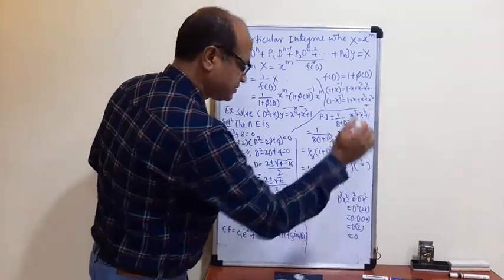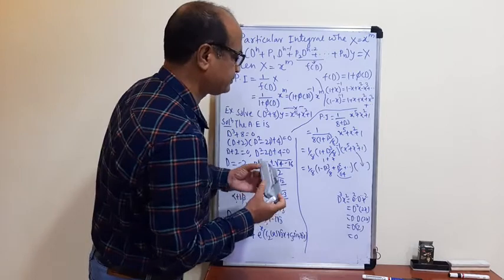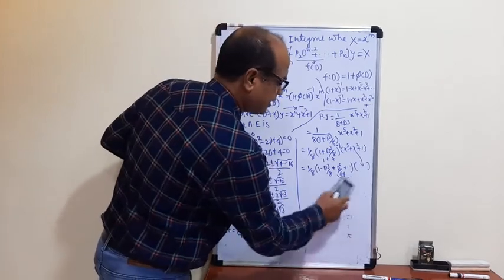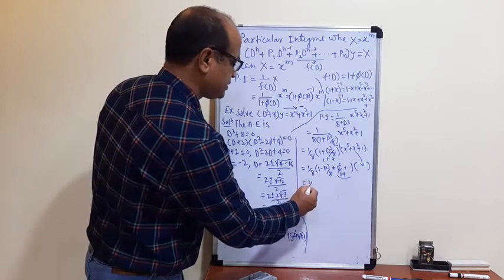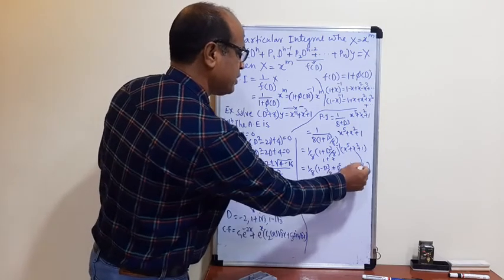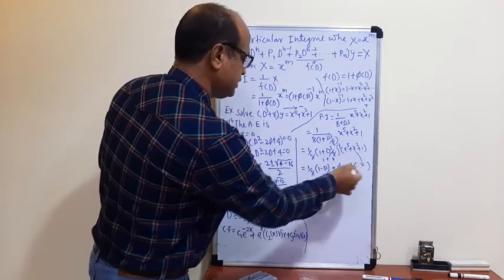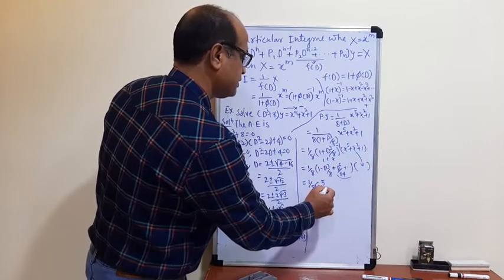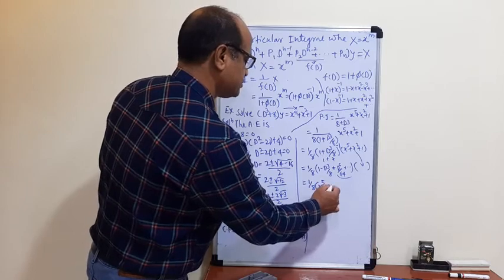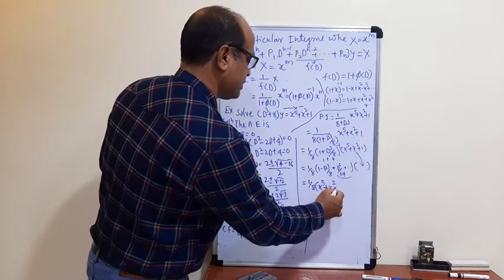So these terms are neglected. Very simple here. Okay, so what happened? This is 1 upon 8 into 1, operating on x raised to 5 plus x square plus 1.